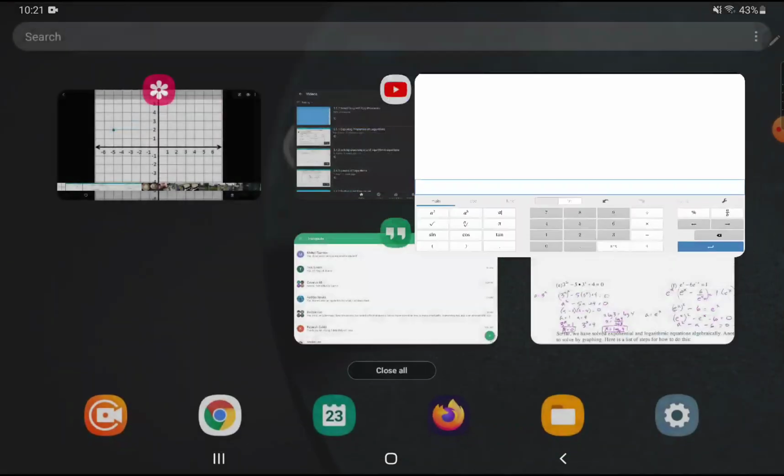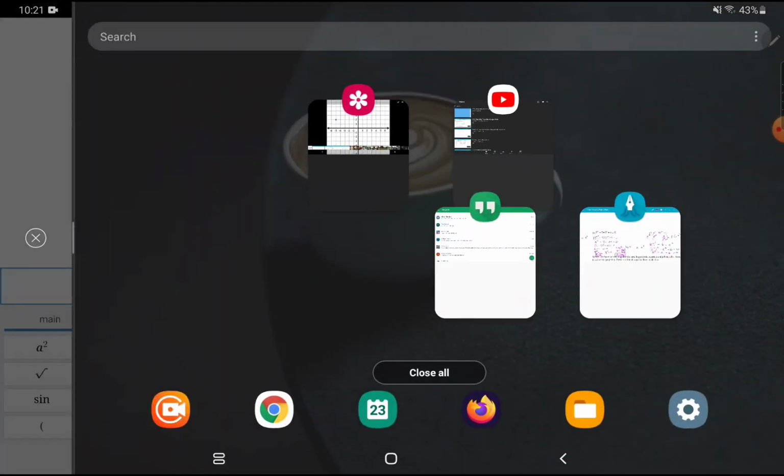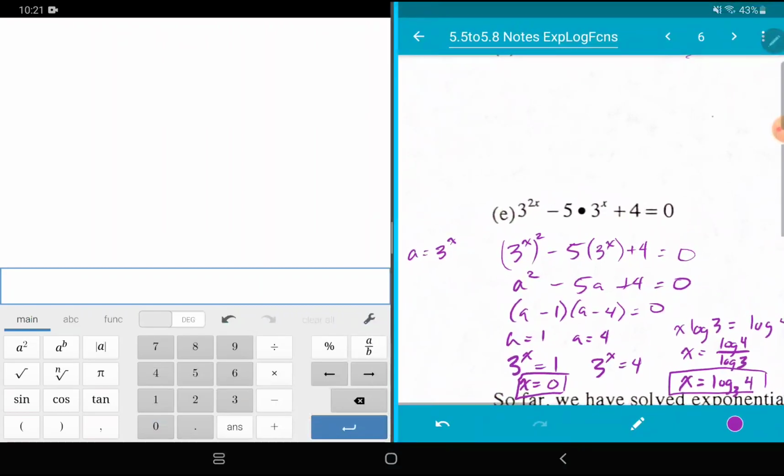I'm going to do this split screen actually. What we want to do is find log base 3 of 4, or we saw that's log 4 over log 3. Same idea. My calculator cannot do log base 3 of 4, so I'm just going to do my change of base formula instead.